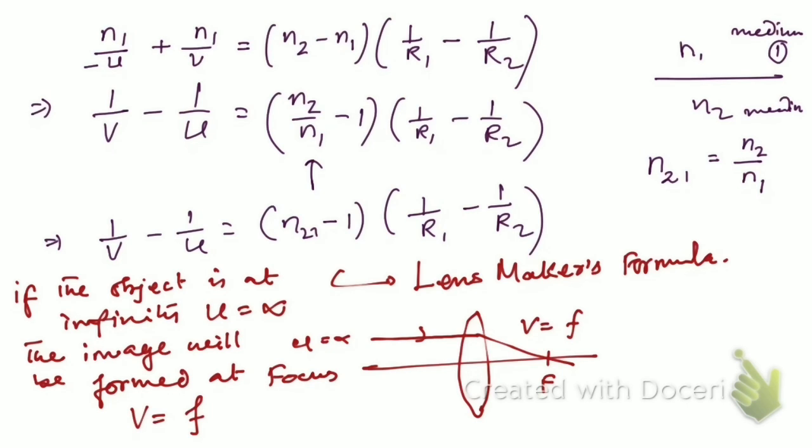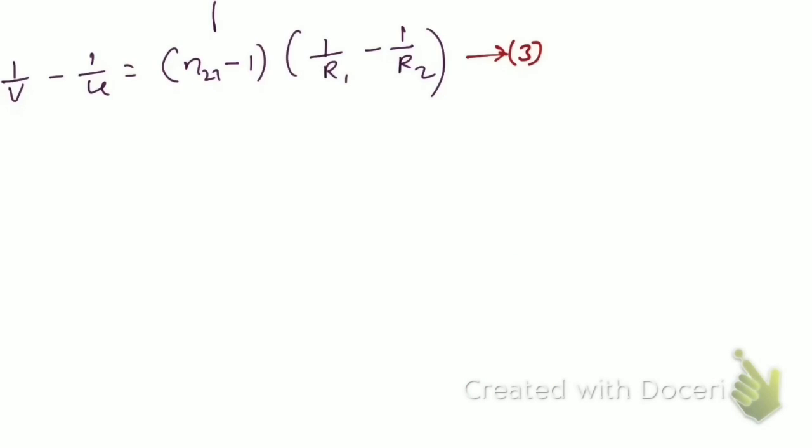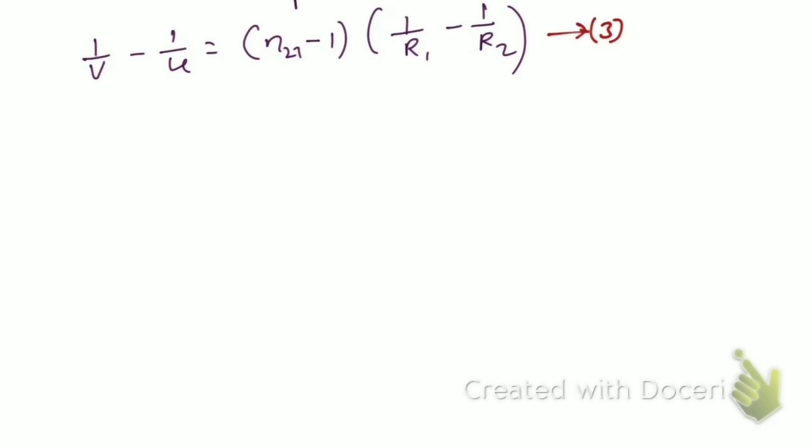Then let me take this as equation number 3. So if we put u is equal to infinity and v is equal to f in equation number 3, let me copy this equation and go to a new slide. This is equation number 3.